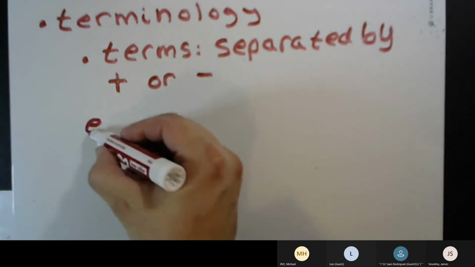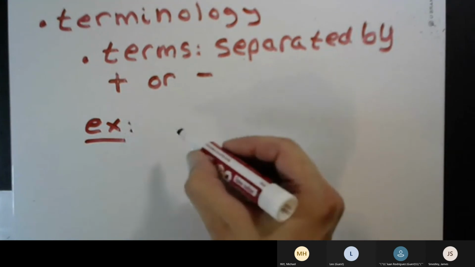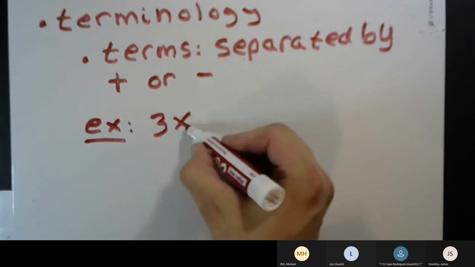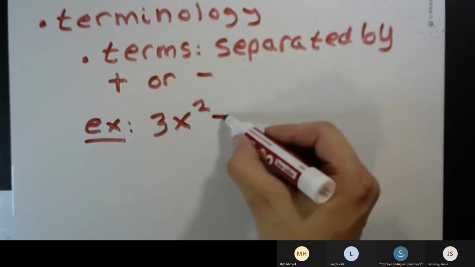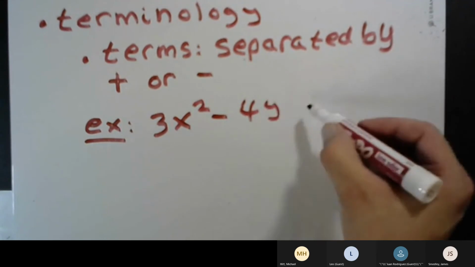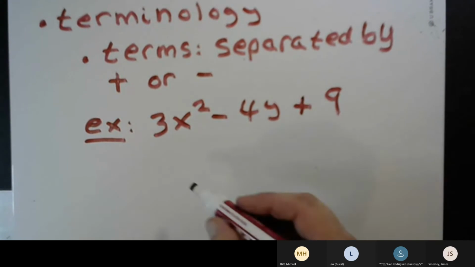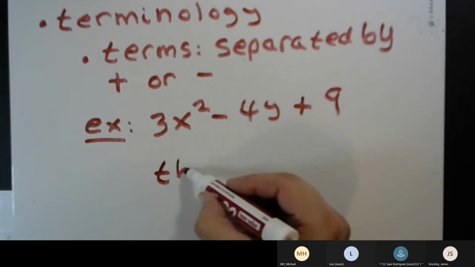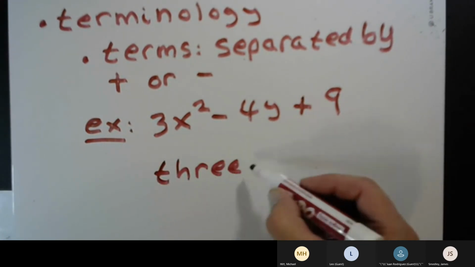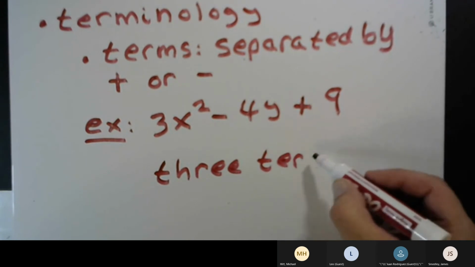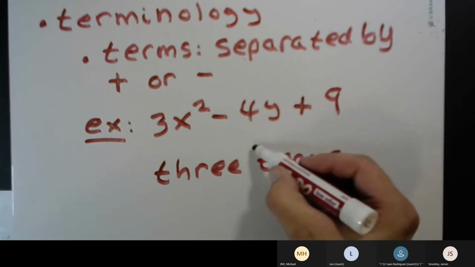So for example, we see something like this. Plus in there. These are 3 terms.